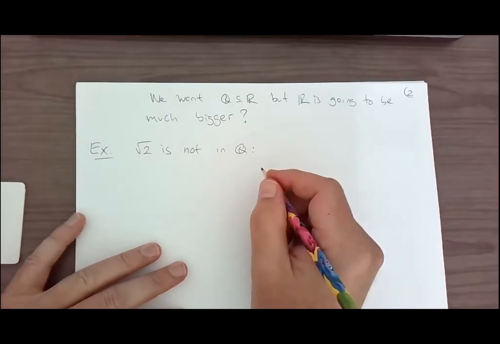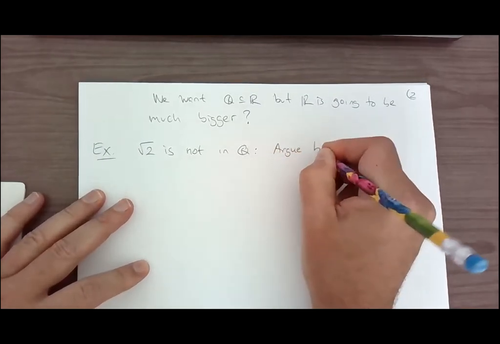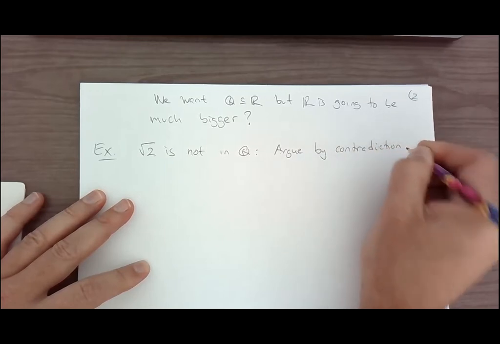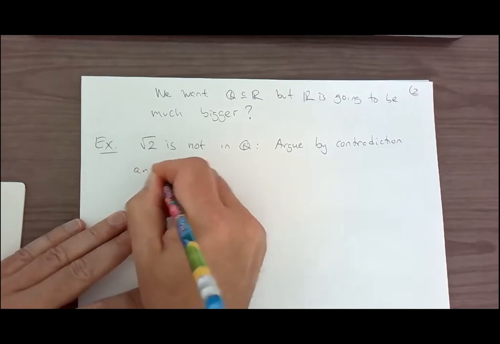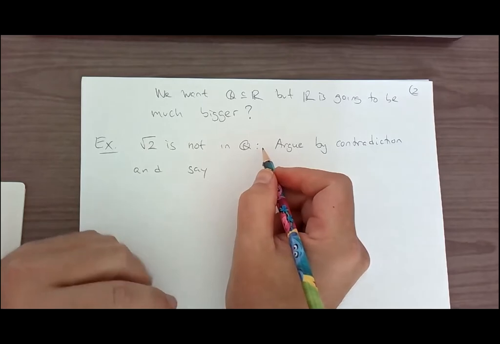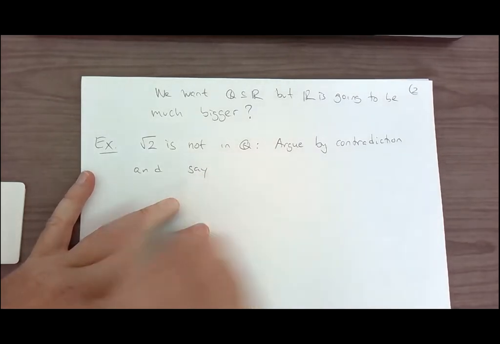So how would one go about proving it? Argue by contradiction. Suppose that you would have it, then what would that mean?